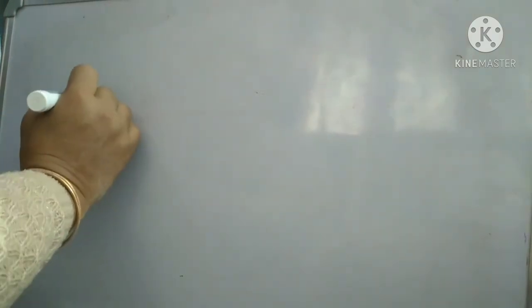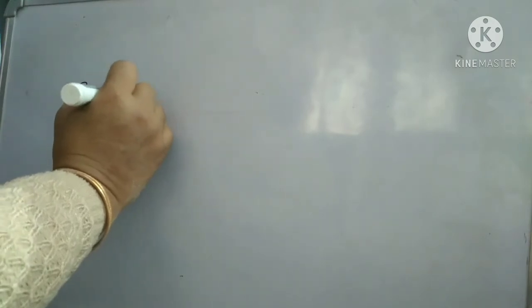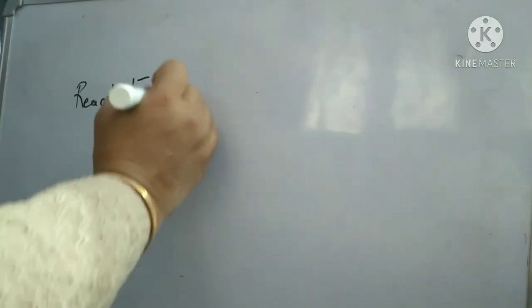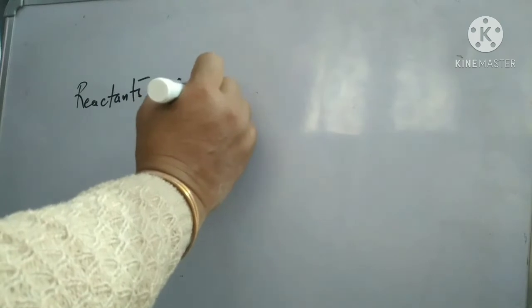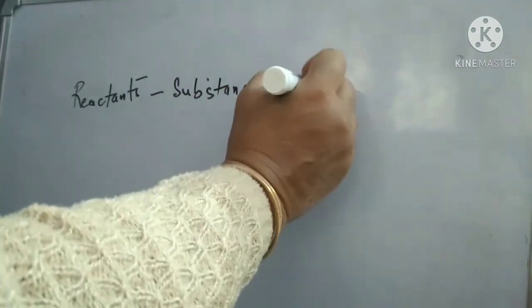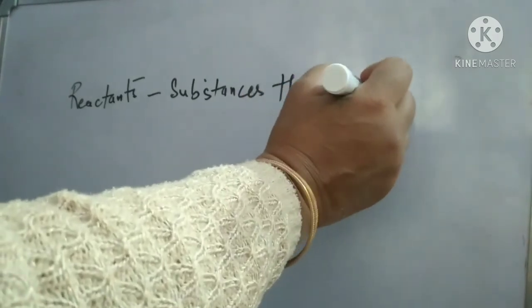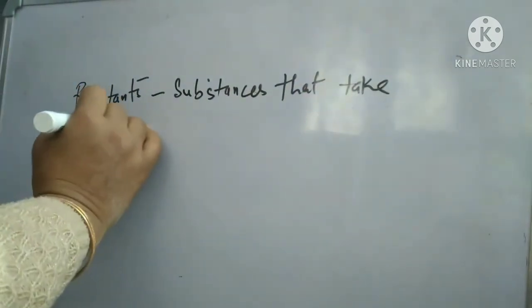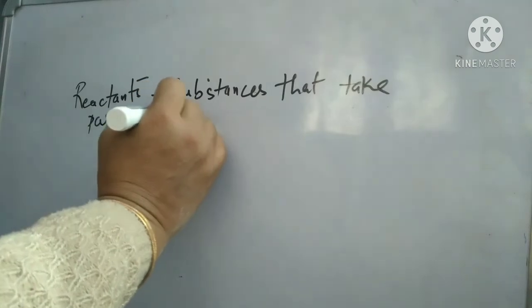Now, there are reactants and products in a chemical reaction. So, what are reactants and products? Reactants are the substances that take part in a chemical reaction.